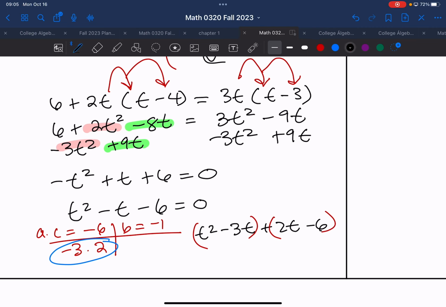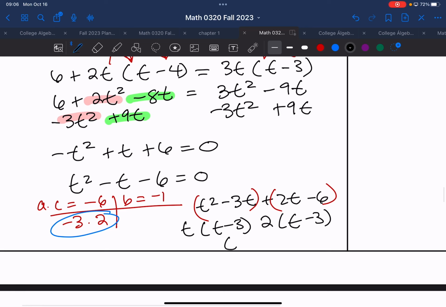What can I take out of the first factor, the first parenthesis? A t, so I'm left with t minus 3. And what about the second one? 2, so I'm left with t minus 3. So that means I have t plus 2 and t minus 3 equals 0.